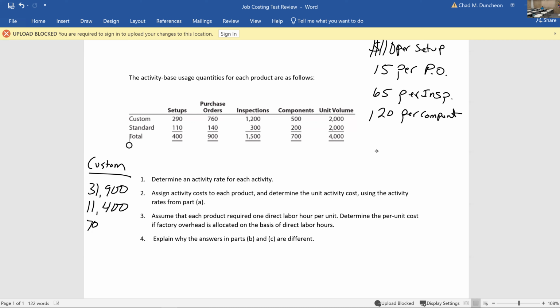So what do you do after you get your activity rates? Give me just a second. We got one more number here and I'll tell you.